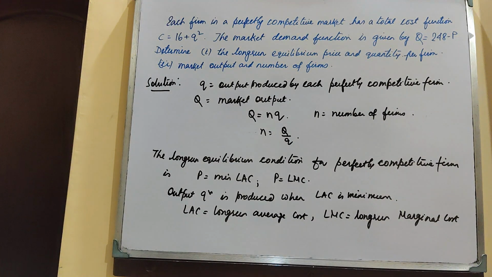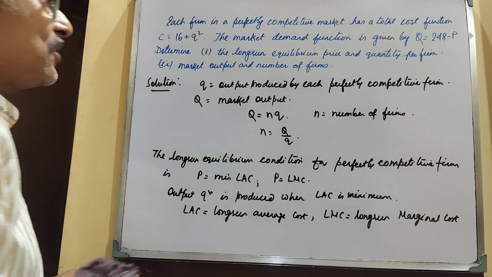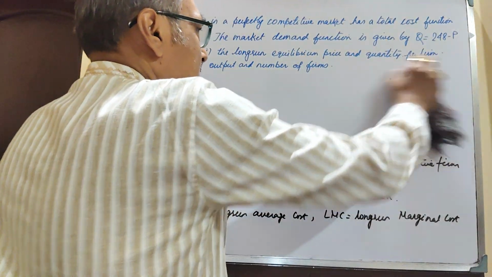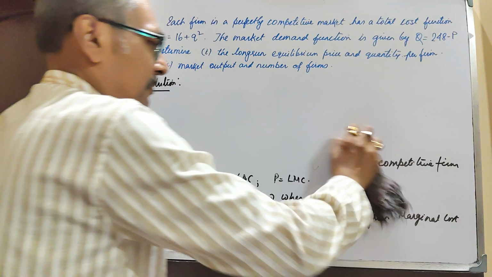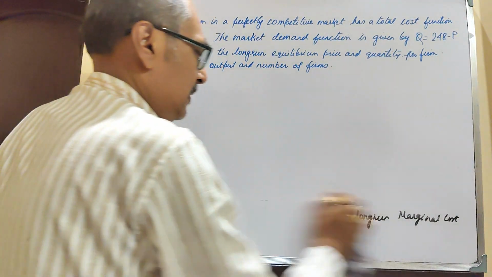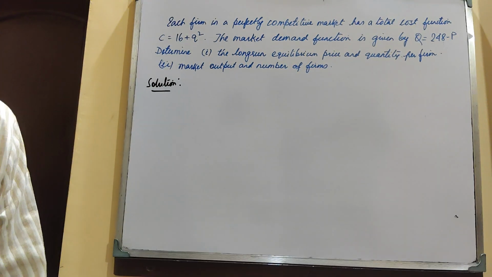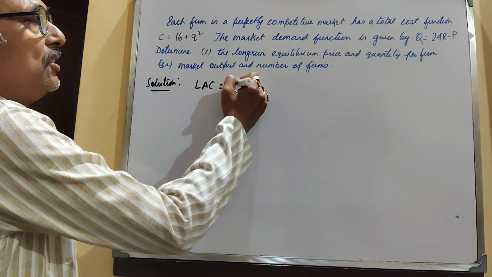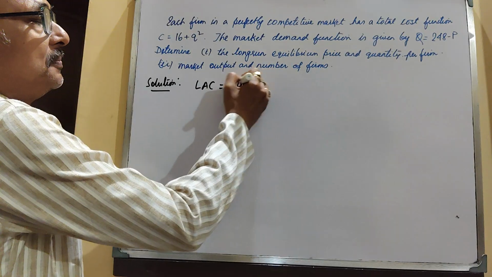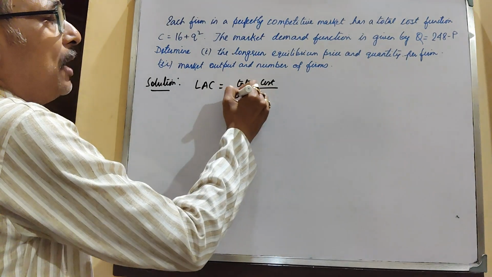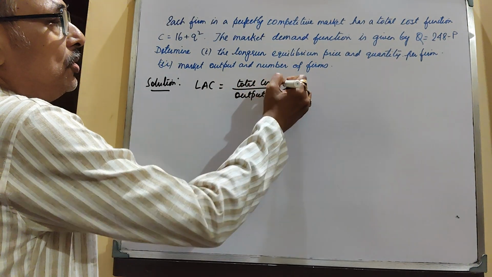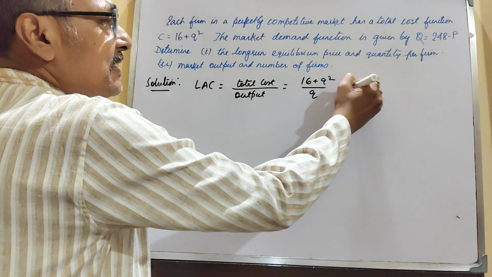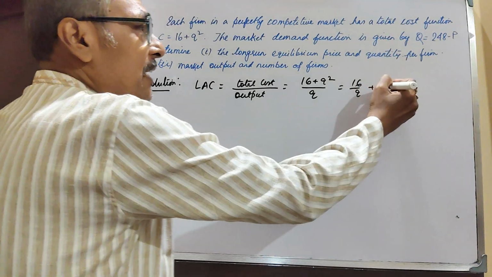Therefore 16 is called the sunk cost. Long run average cost, LAC, is total cost by output. This is 16 plus q squared by q, that is 16 by q plus q.